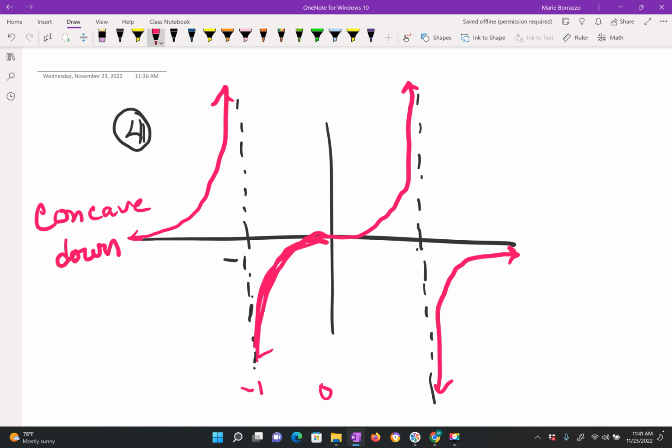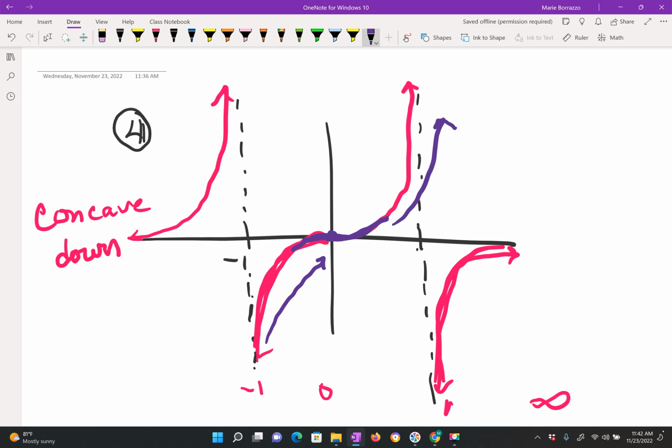And also from 1 to infinity, it's concave down. It has a point of inflection at this origin. If you notice, it's going up, and it continues going up. But it does have like a question mark here where it's like, which way do I go? And it does continue in the same direction.